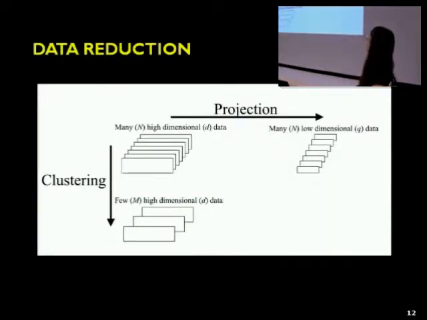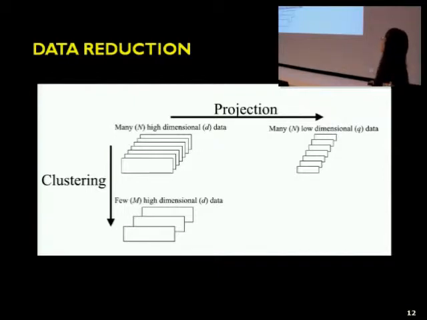When we talk about data reduction, we can go in 2 directions. The first direction is to reduce the number of objects in your data. This is often achieved by techniques such as clustering and sampling. Another direction is projection. This is what we are focusing on during this talk, when we reduce high-dimensional data to a data set with lower dimensionality.